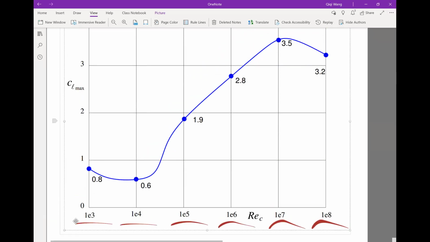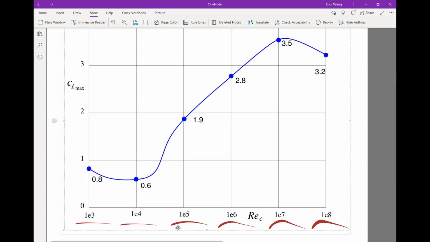When the Reynolds number is 1,000, you have a very thin and relatively flat airfoil. When the Reynolds number is 10 times larger, it doesn't really change that much. These airfoil shapes look remarkably similar to the wings you expect on a large insect, and that's exactly the kind of Reynolds numbers they are flying at.